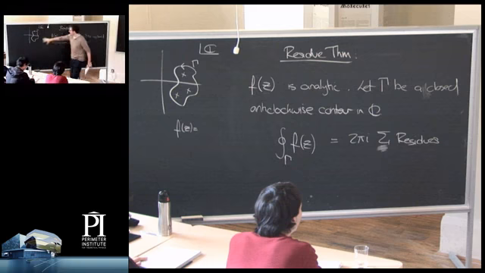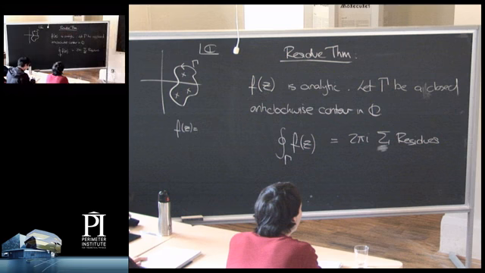And f of z is some function over the complex plane. Okay, so the residue theorem states that the integral around gamma of f of z is 2 pi i times the sum of residues that are sitting inside this contour.